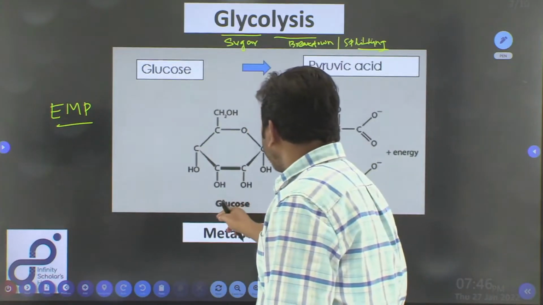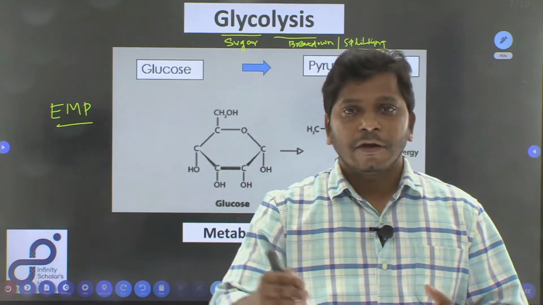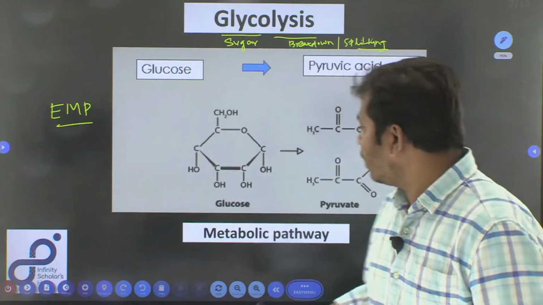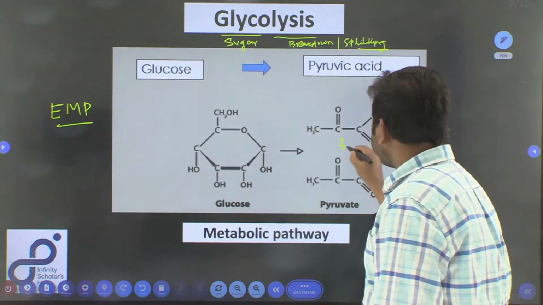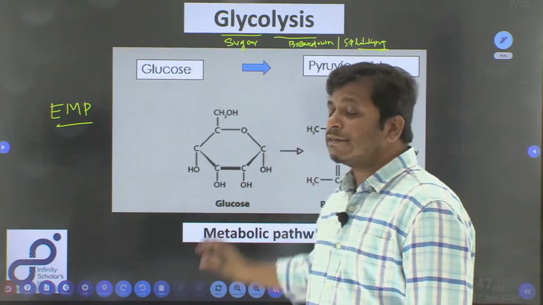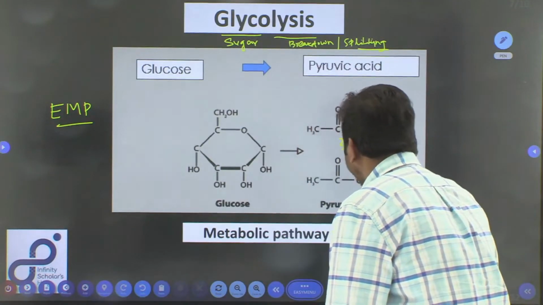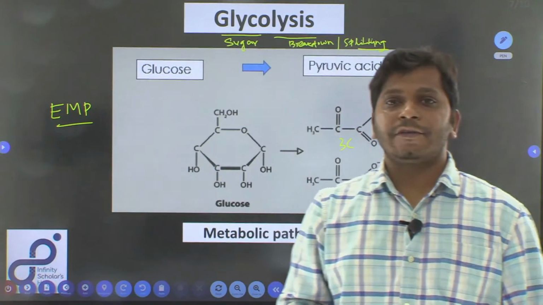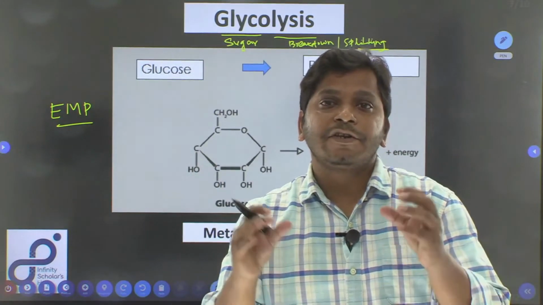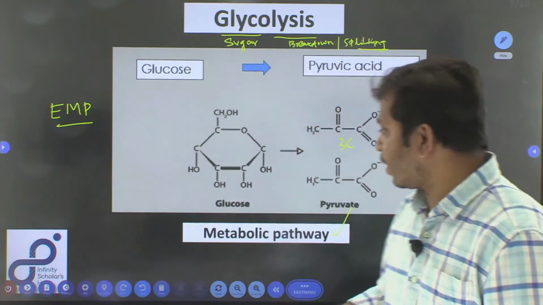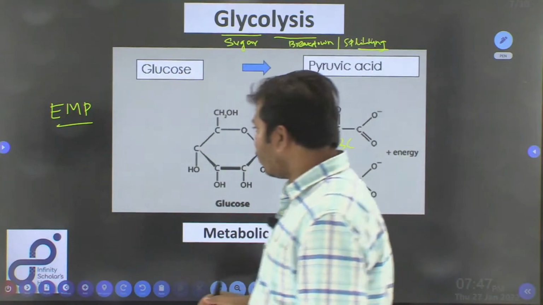A series of enzymes will catalyze the reaction and finally produce pyruvic acid, which is a three-carbon compound. Such pathways are called metabolic pathways, reactions catalyzed in multiple steps by different enzymes. So glycolysis is a multi-step pathway.